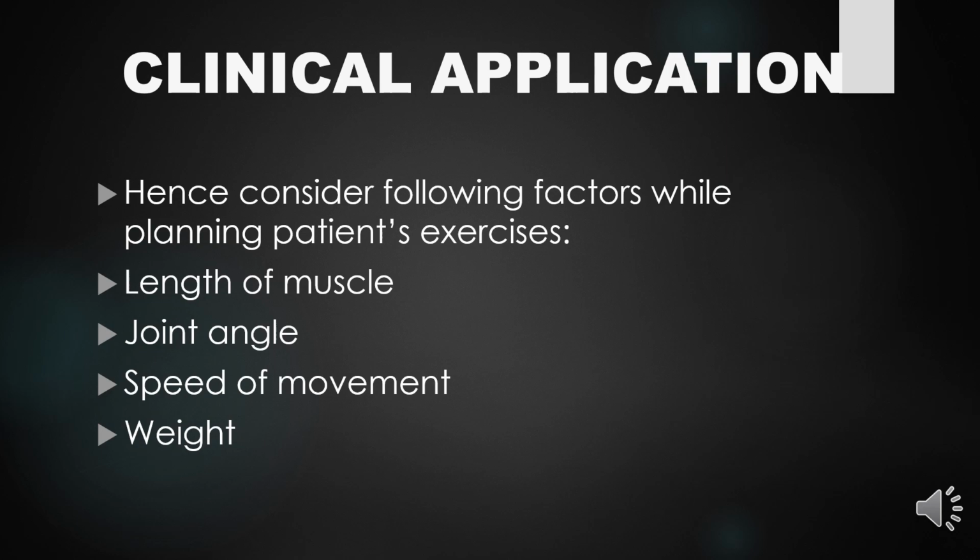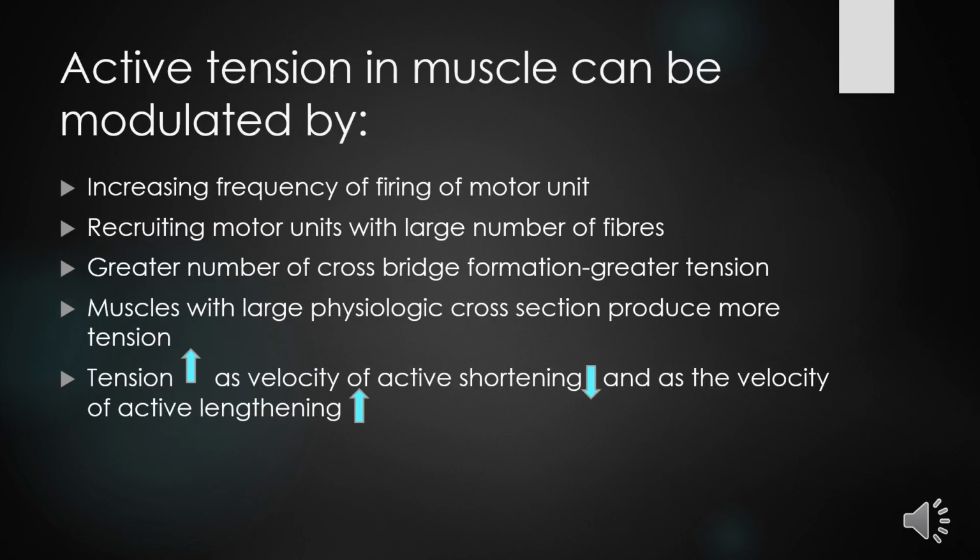So plan your exercises accordingly during eccentric and concentric contraction after learning from it. So we have seen how tension in a muscle depends on the length of a muscle, the velocity of contraction and the weight you are training your muscle with.